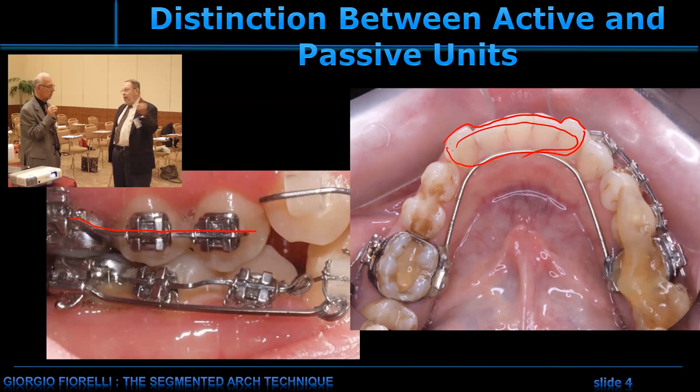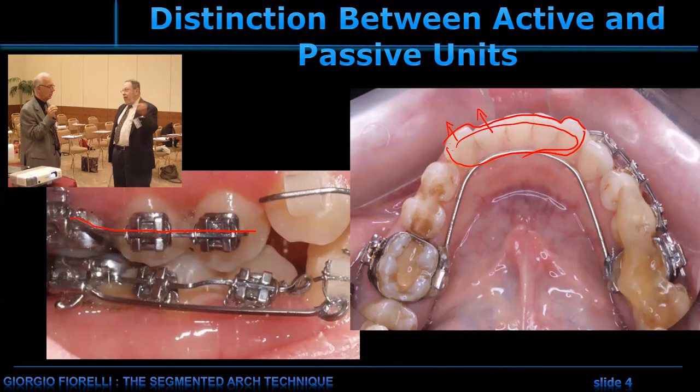And this group of teeth, if the wire is very rigid, cannot be deformed. This means that there cannot be movements of single dental units that are not dependent on the other. In other words, you cannot move this tooth without moving this tooth as well.